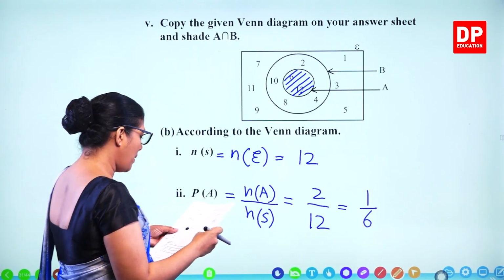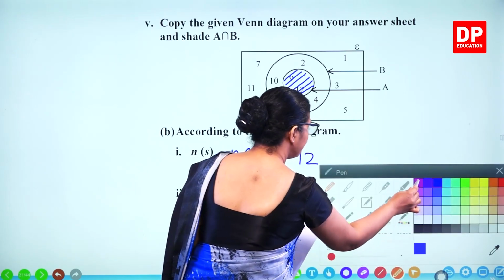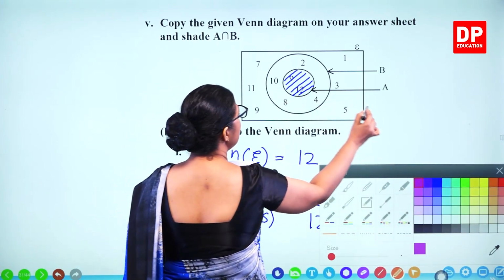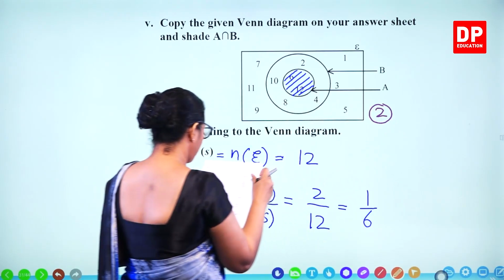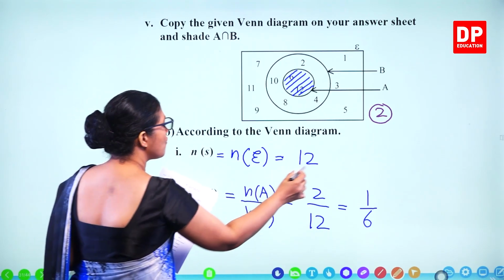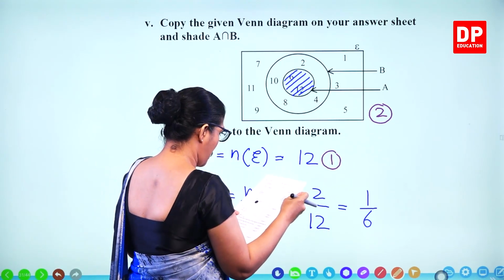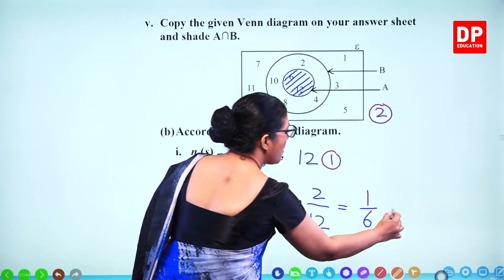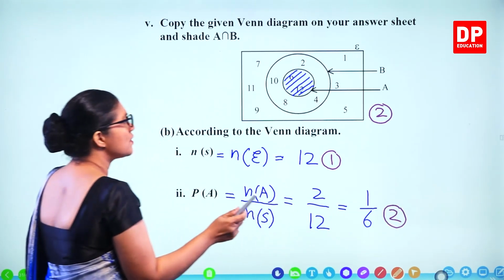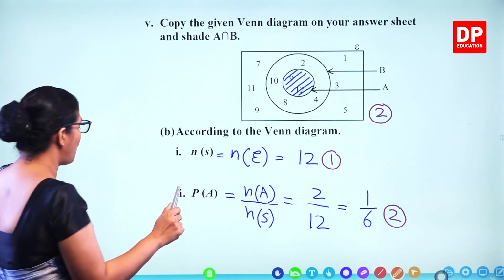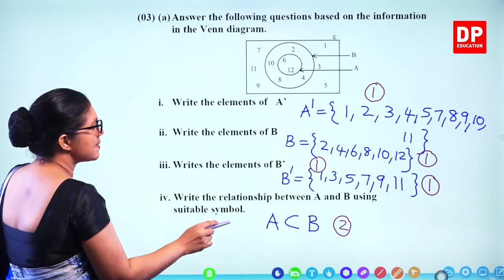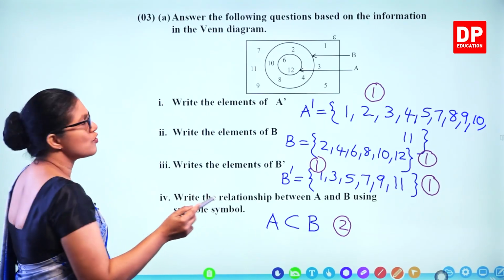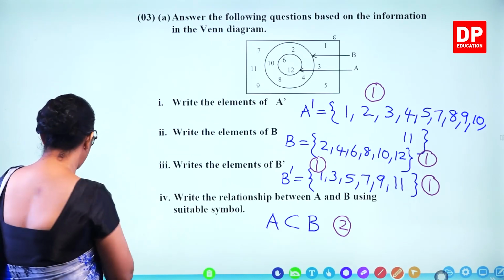So we'll see how many marks for these steps. 2 marks for shading and 1 mark for writing 12 and 1 over 6, 2 marks. So see the total: 2, 3, 4, 5, 6, 7, 8, 9, 10, 11. So 11 marks for this question.